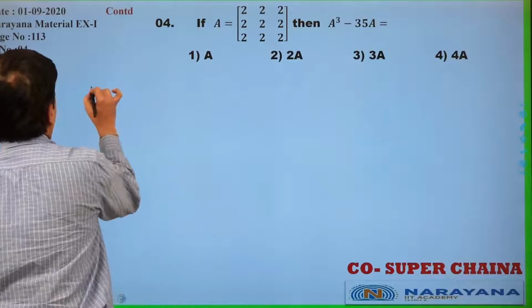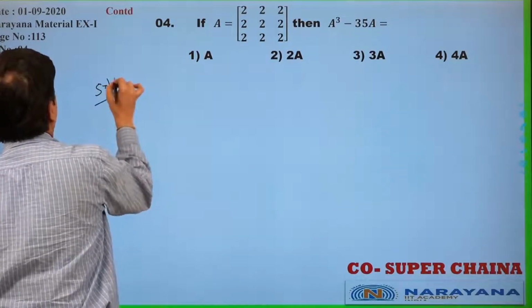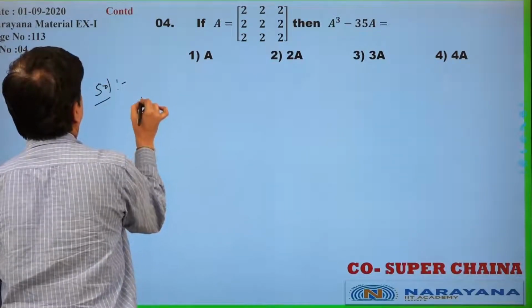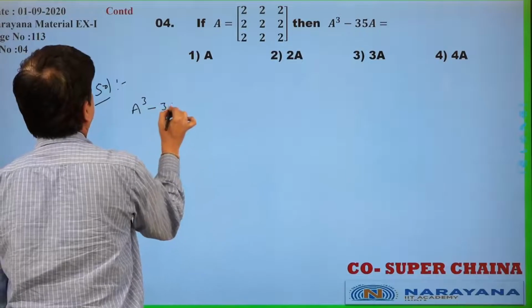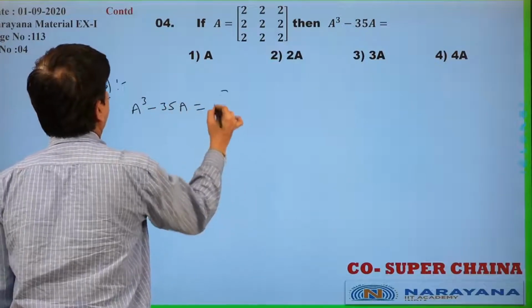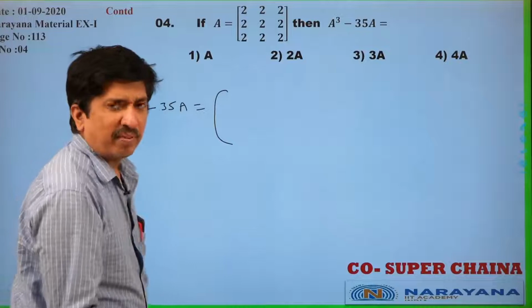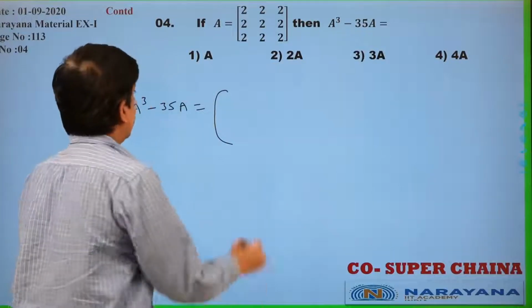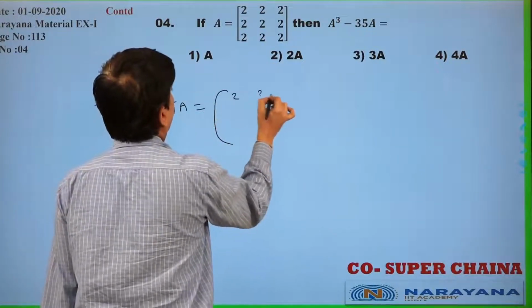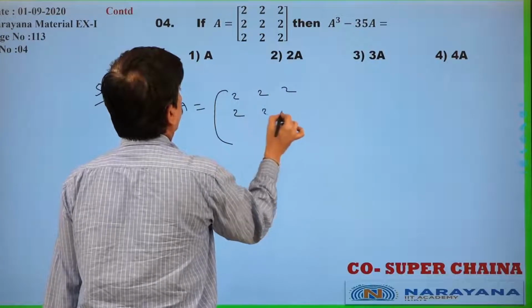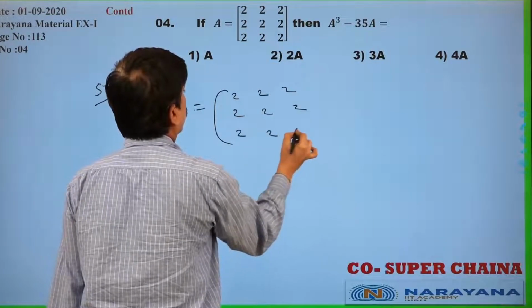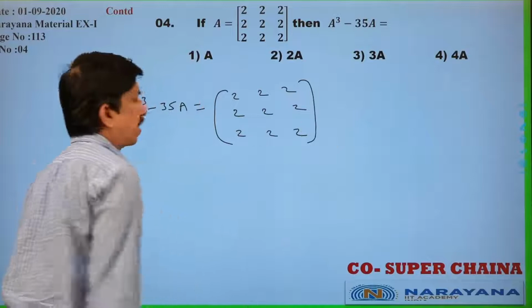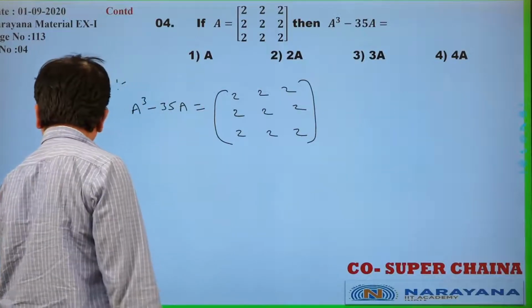A cube minus 35A is equal to all 72's minus 35A, all 70's. Again what do you get? A 3 by 3 matrix of 2's.